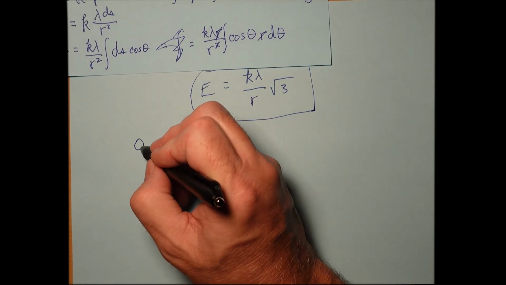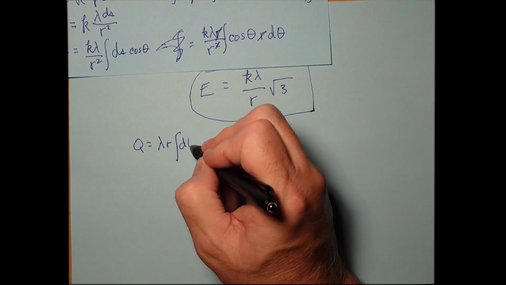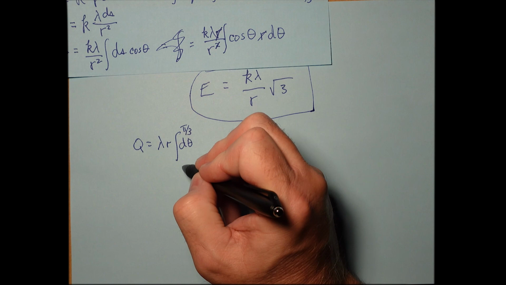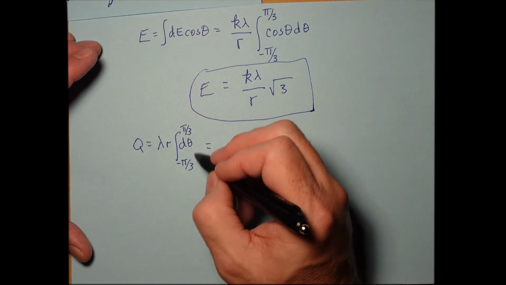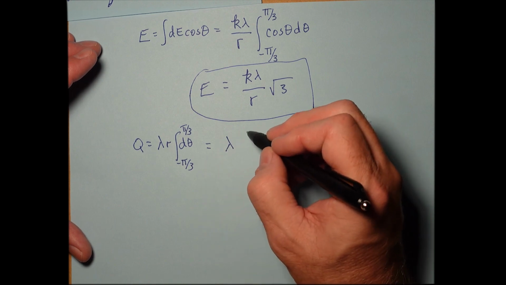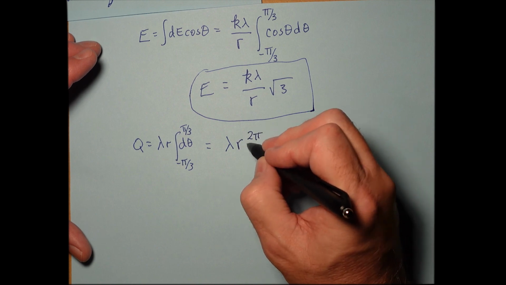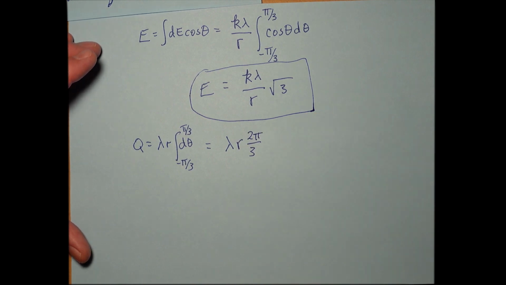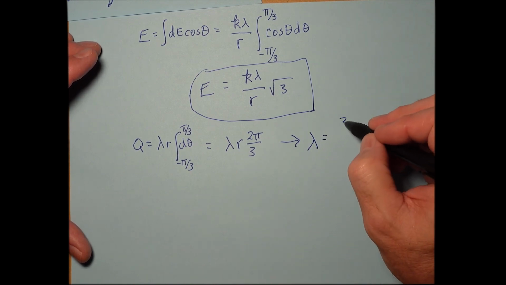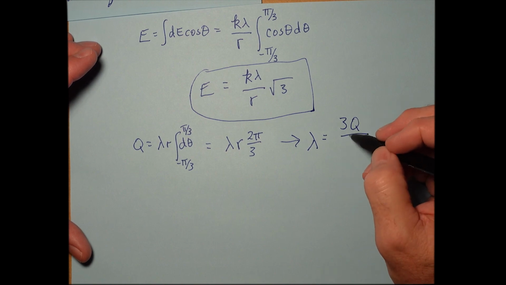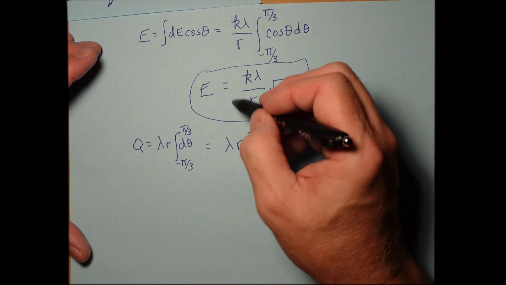Q equals lambda r integral d theta from pi over 3 to minus pi over 3. When you plug that in and do the integration, you end up with lambda r times 2 pi over 3. So if we solve for lambda, lambda is 3 times total charge divided by 2 pi r. And now go and plug that in.